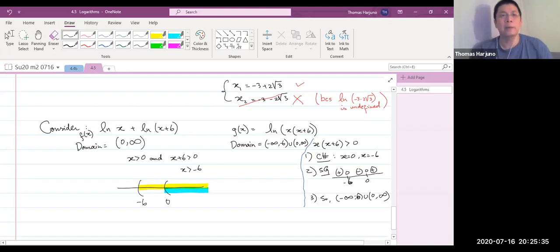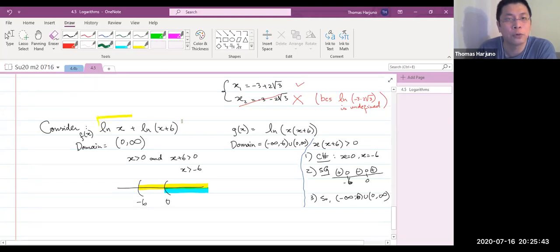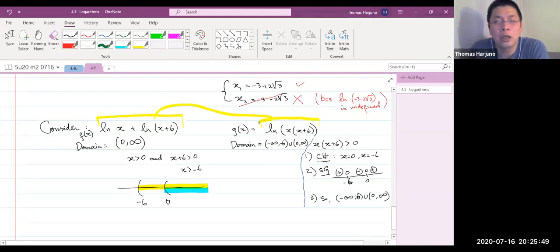Okay, so what happened is when we combine those two logs, this sum of two logs, and we change it into a single log, unintentionally, we need to realize that even though they are equal, that's only if both of the factors are positive.